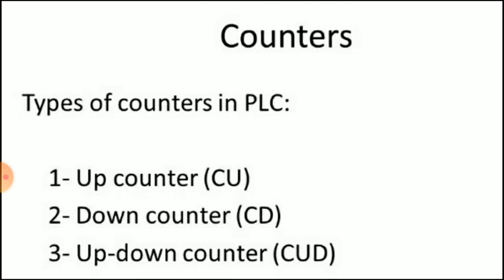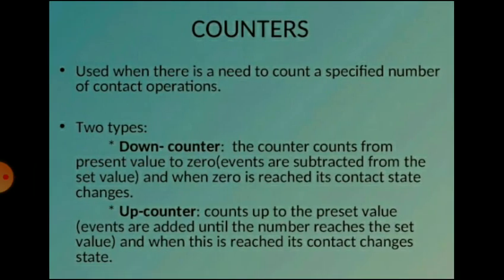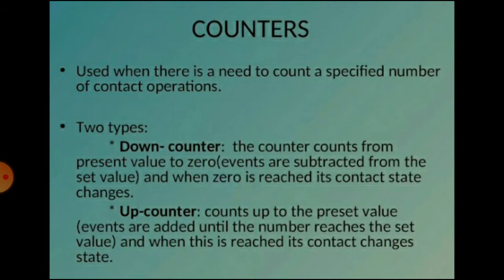So there are three types of counters used in PLC operation. First is the up counter, that is CU. Second is the down counter, that is CD. And third is the up down counter, that is CUD. Counters are used when there is a need to count a specified number of contact operations. There are two basic types, down counter and up counter. The down counter counts from the preset value to 0.